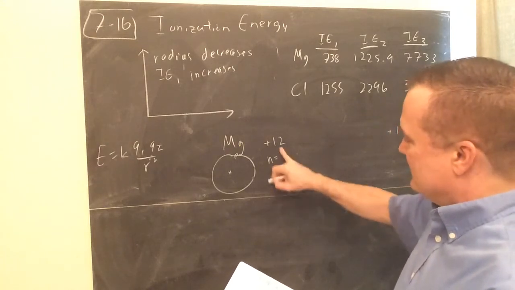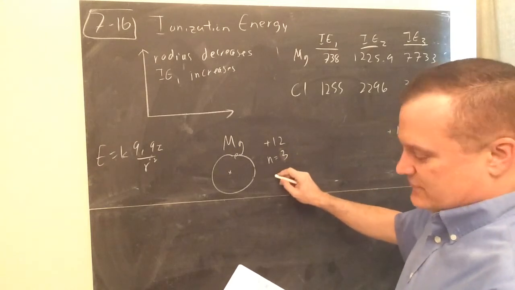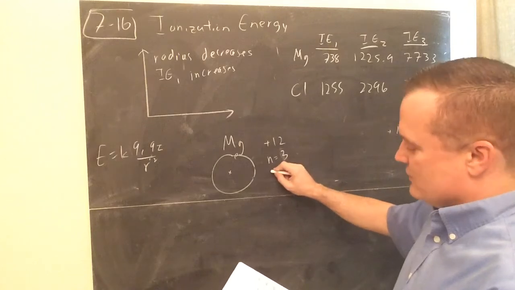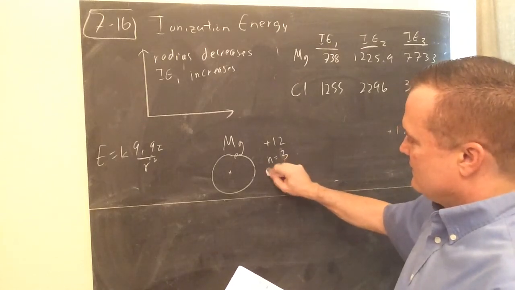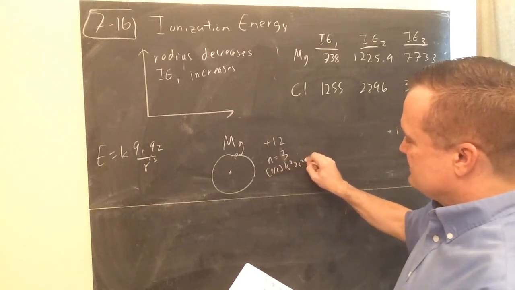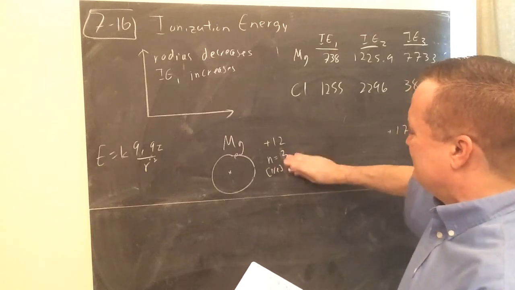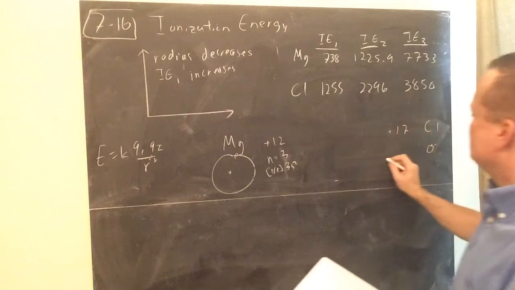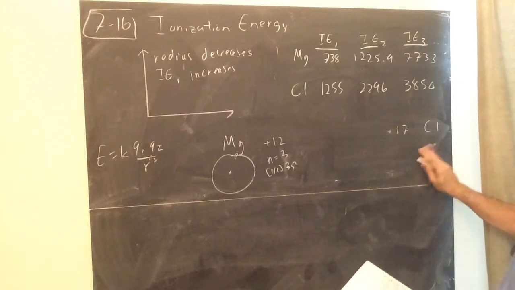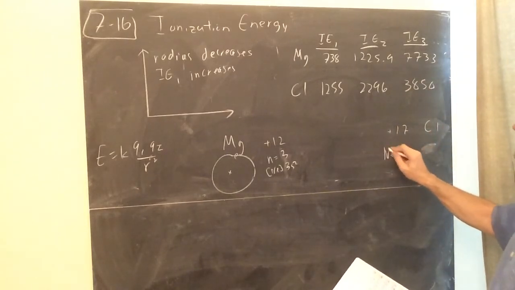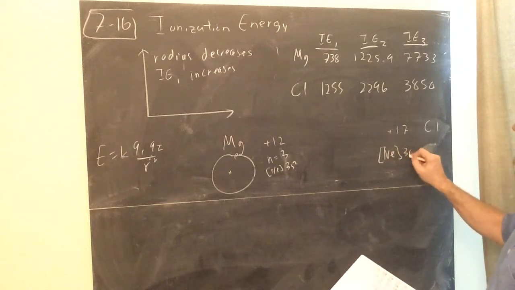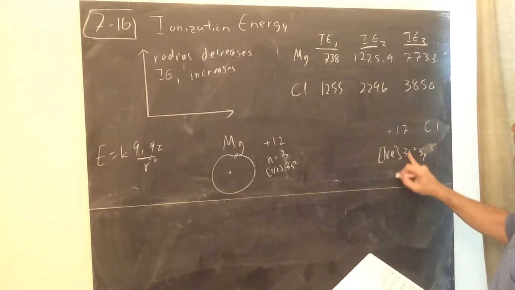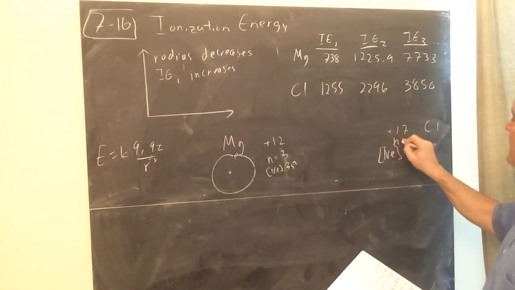If you want to say it's neon, 1s2, 2s2, 2p... oh, no, it wouldn't be that. What am I doing? It'd be neon, that's a shortcut, 3s2. But chlorine, on the other hand, is neon 3s2, 3p5. And it's also n equals 3.